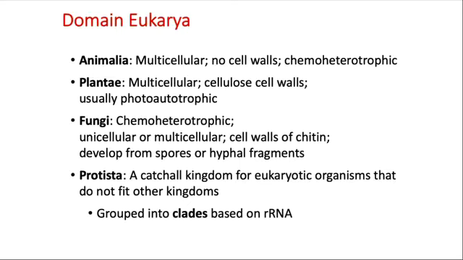They have cell walls made up of chitin, but they develop spores and hyphal fragments as well. Then we have protista, and that's eukaryotic organisms that do not fit into other kingdoms, so they all clump together. So you have the amoebas, the euglenas, the parameciums, and all that, they all fall into this category. They are grouped into clades based on their rRNA sequencing, the ribosomal RNA sequencing, which is highly conserved.